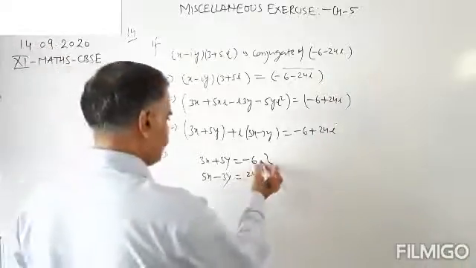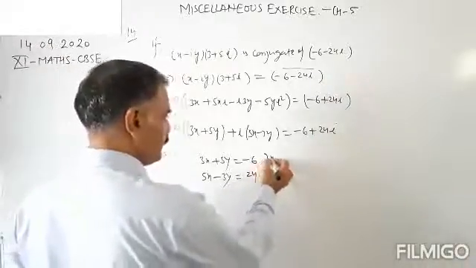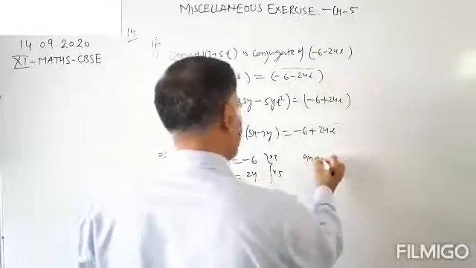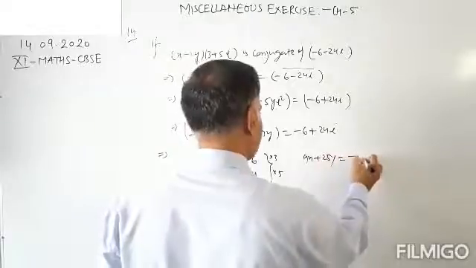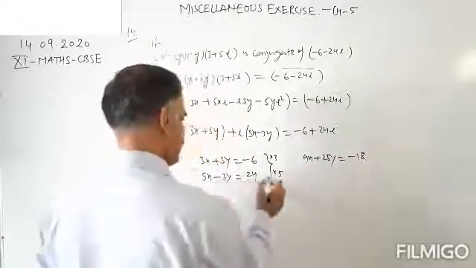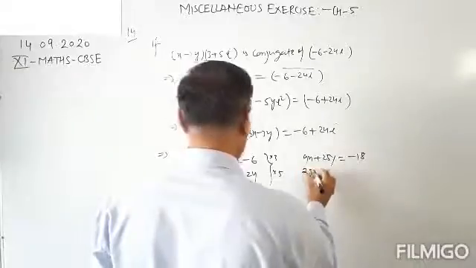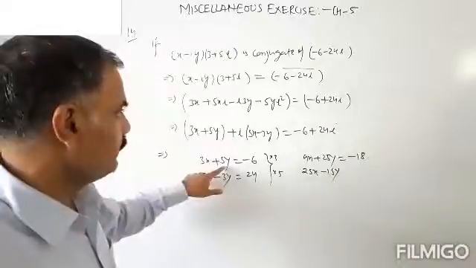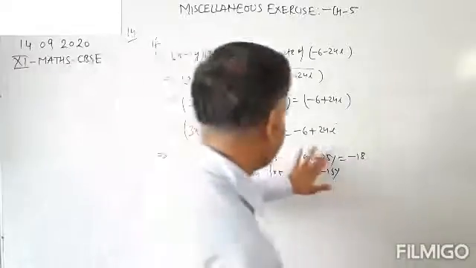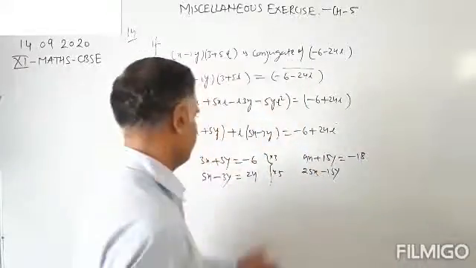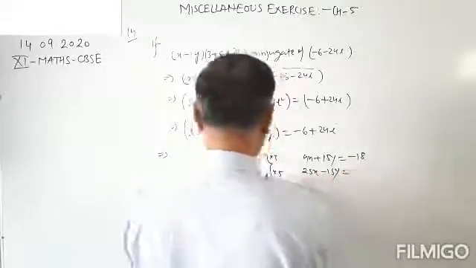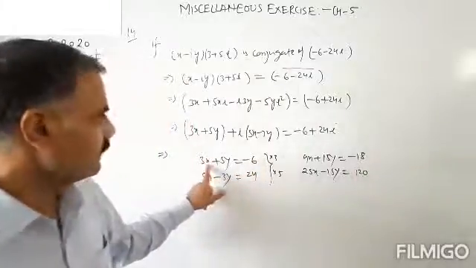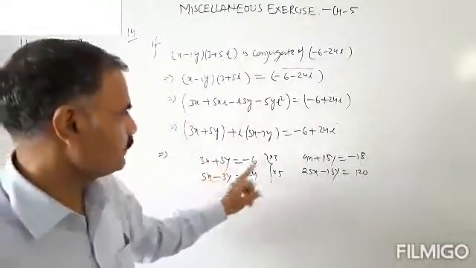So multiplying the first equation by 3 and the second by 5: multiplying the first equation by 3 gives 9x plus 15y equals minus 18.